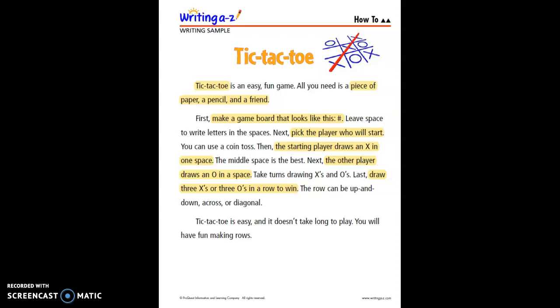How many steps are there? What words helped you know the order? Are the steps easy to follow? And make sure all of the important information is there. So again, this is a preview of a sample for a how-to essay, and this is the type of essay you are eventually going to be writing in Unit 5.